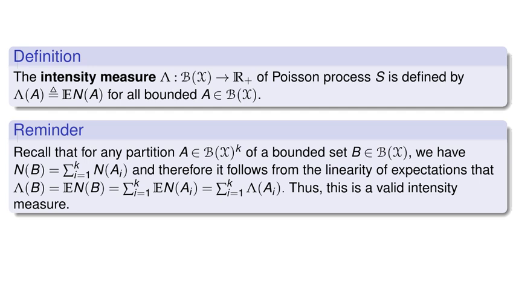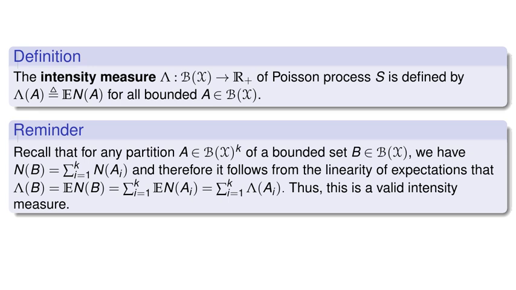As a reminder, recall that for any partition A consisting of A1 to Ak in script B of script X raised to k of a bounded set B in script B of script X, we have N of B equals the sum from i equals 1 to k of N of Ai.